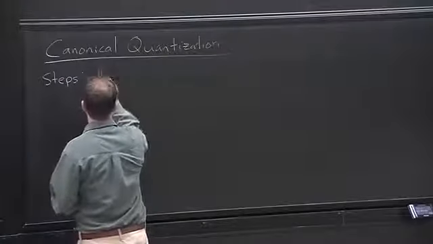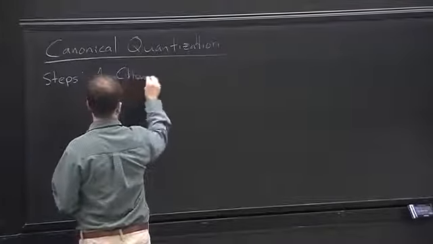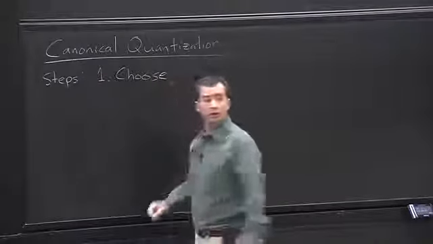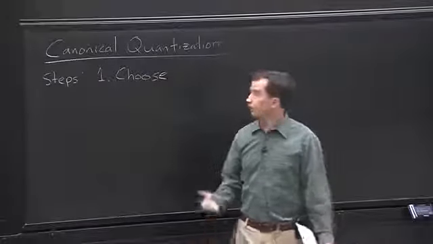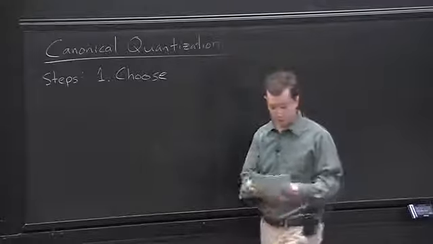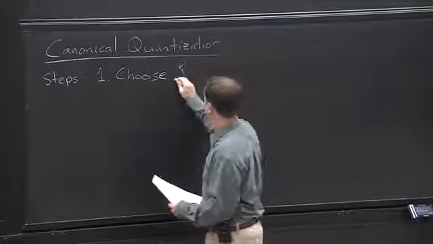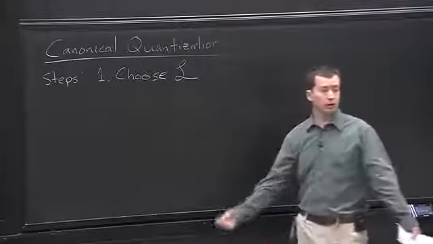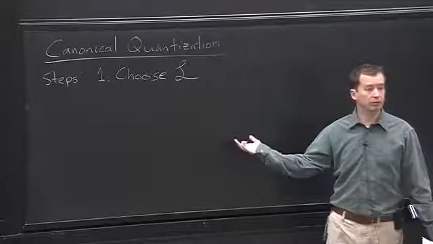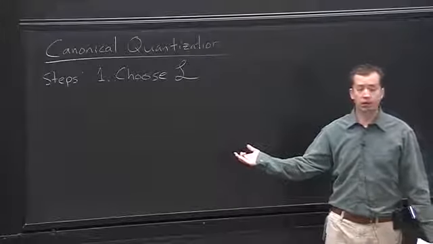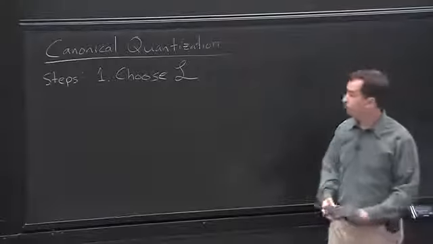Our first step in constructing a quantum field theory using canonical quantization is to choose a Lagrangian. We did that last time. The Lagrangian we're going to study for now is the Klein-Gordon Lagrangian.